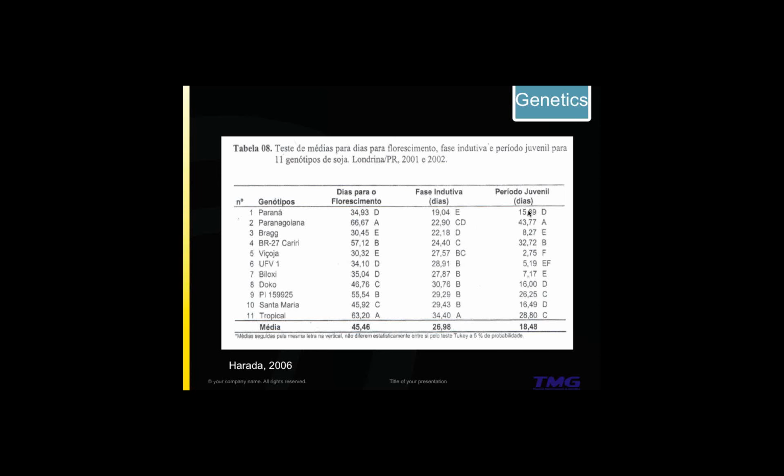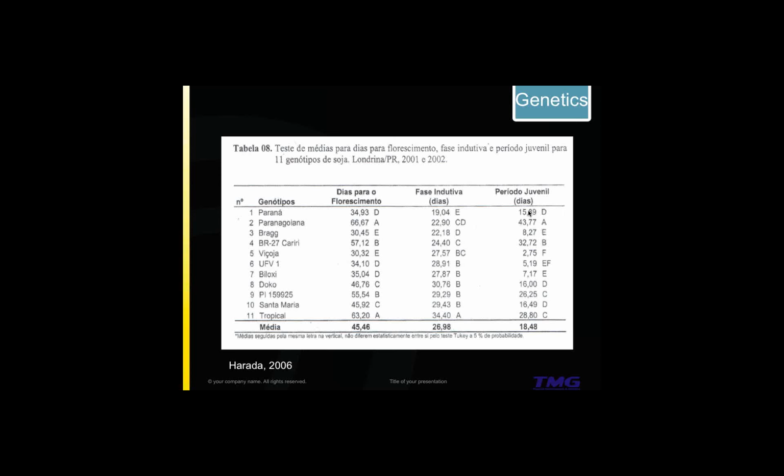I'll give an example. When we cross Paraná, which theoretically one would expect has almost no juvenile trait, with another cultivar, Bossier, which would also be somewhat conventional, we can pull out lines from this cross.